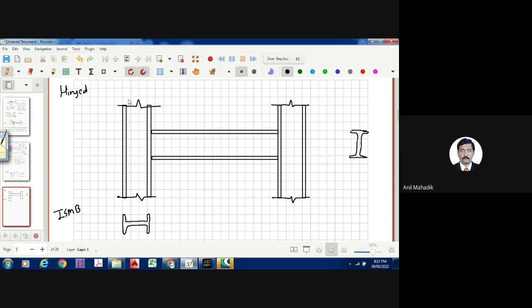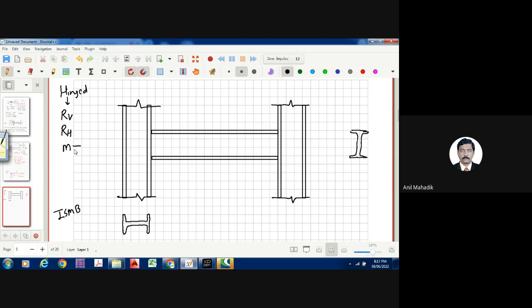अभी hinge का meaning क्या आपको पता है? What is mean by hinge? बताओ. Where vertical and horizontal reaction are there and rotation is possible. RV मतलब vertical reaction, RH means horizontal reaction, but moment is not possible.